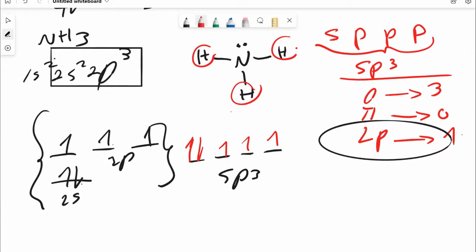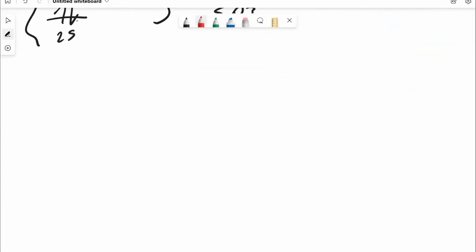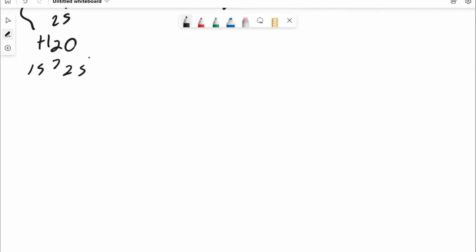Do you see what's going on with that? Let's do another one. We do water. You know the electron configuration of oxygen? Anybody? 1s2, 2s2, my handwriting is getting worse, and 2p what? 4. And for water, you're going to have this.